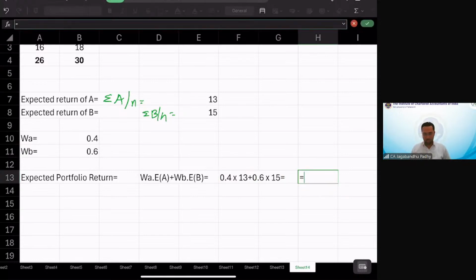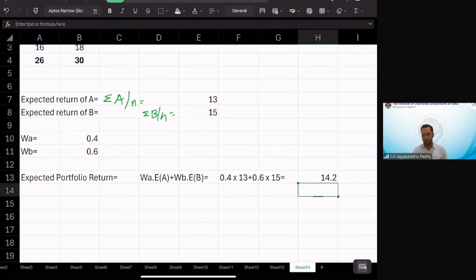So that will be 0.4 into 13 plus 0.6 into 15. That's 14.2 as the expected return. 14.2% is the expected return.